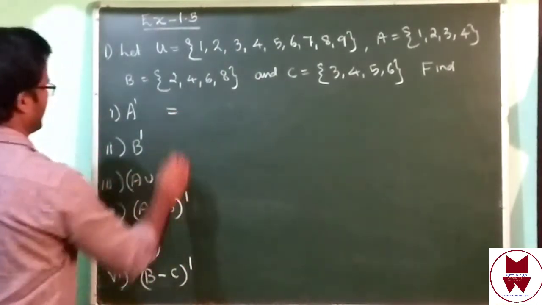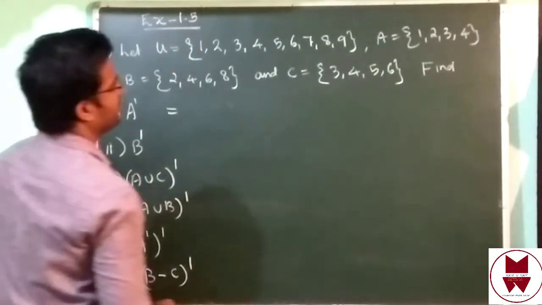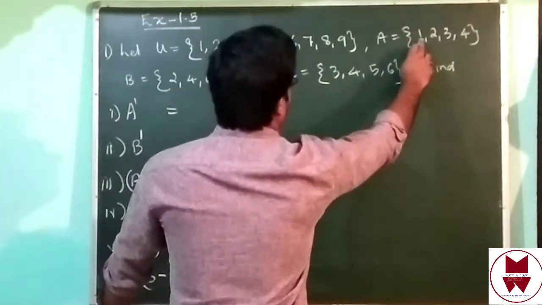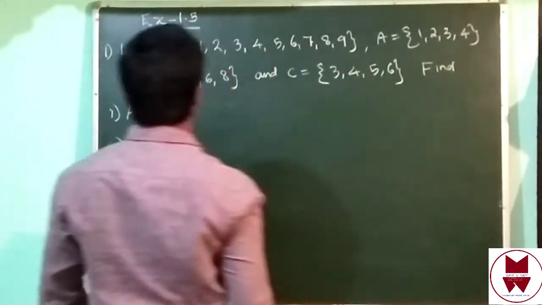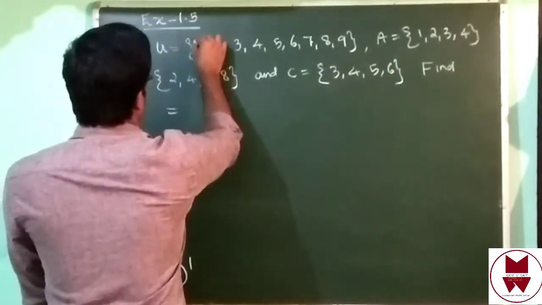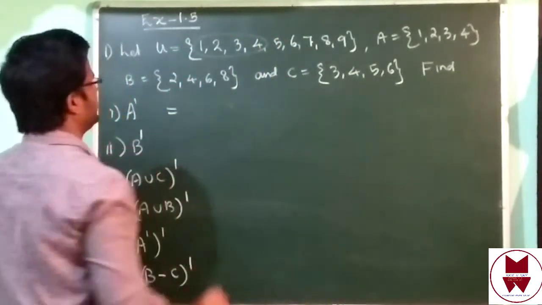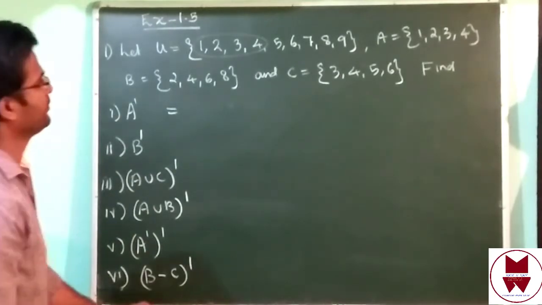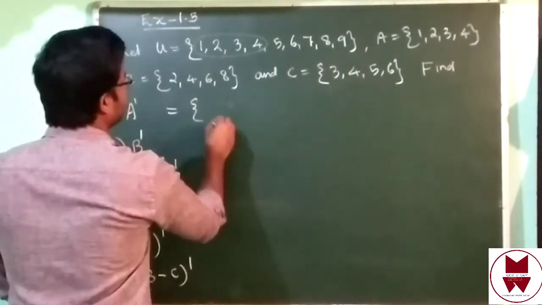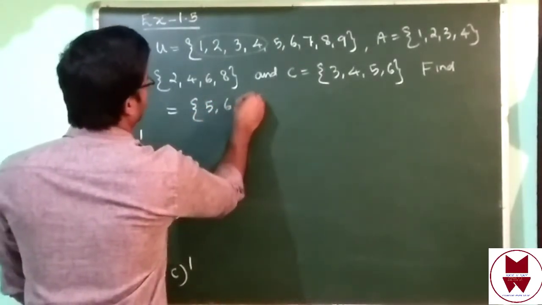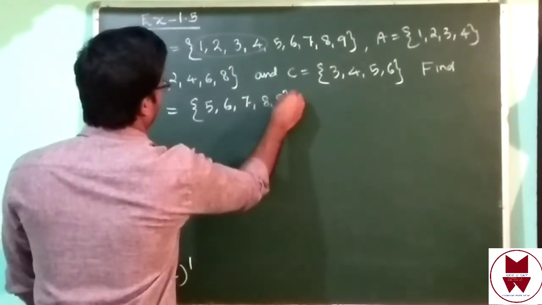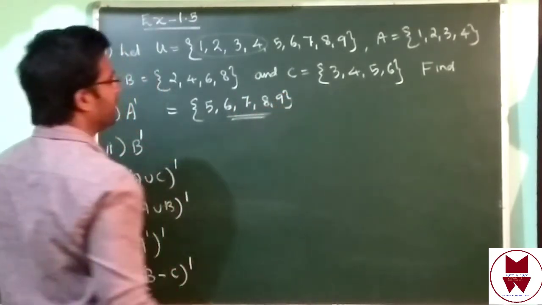How can we find A complement? In set A, 1, 2, 3, 4 are there. Then from the universal set, just delete 1, 2, 3, 4. Then which elements remain? That is 5, 6, 7, 8, 9. This is our A complement.